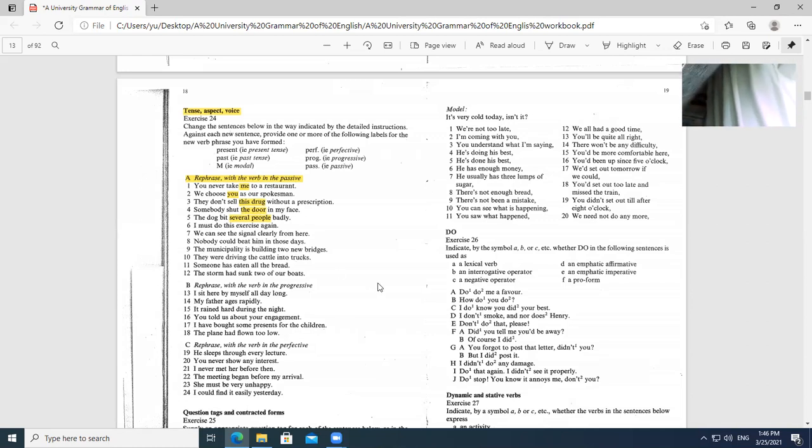Yes, several people were إيش؟ Bitten. بينما من beat الباست بارتيسيبل beaten. Okay.